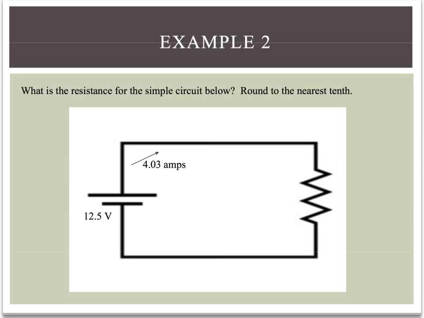Please pause the video one more time and solve this example. What are we looking for? Determine that. Decide if you're using EAR or pi and come up with the formula. For this problem, we're given the amperage of 4.03 amps and a voltage of 12.5 volts.